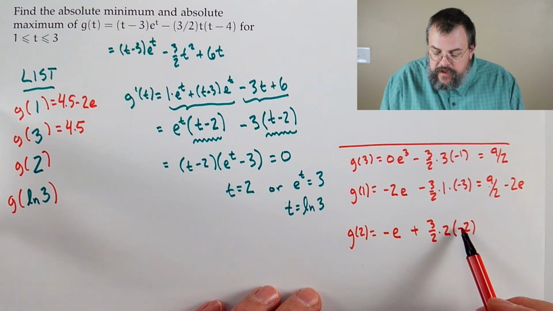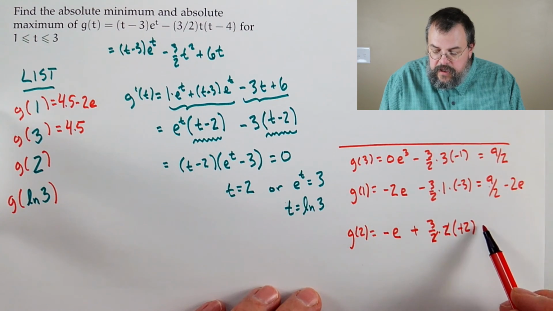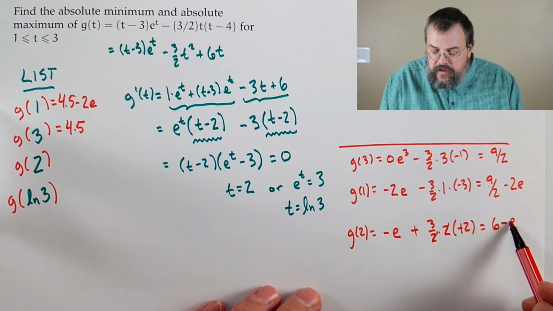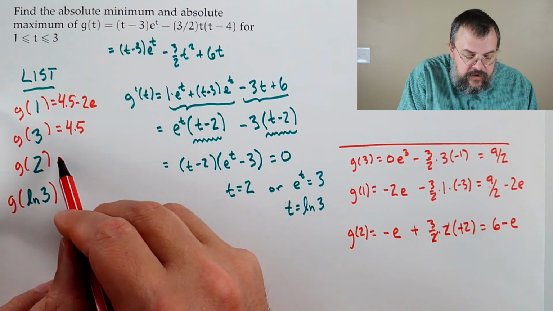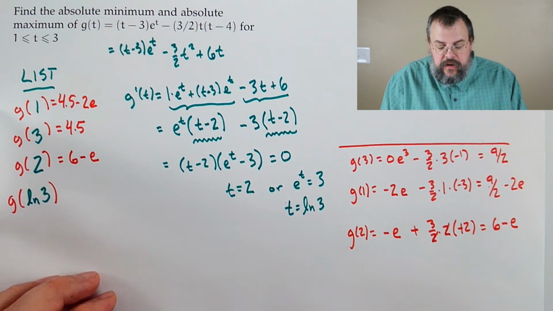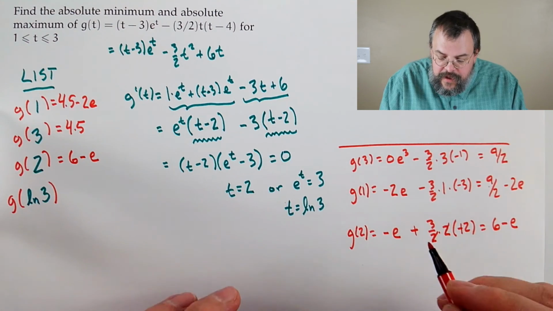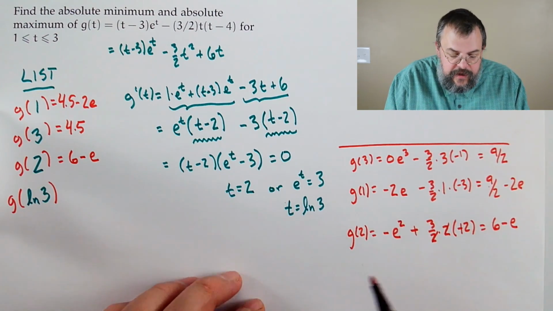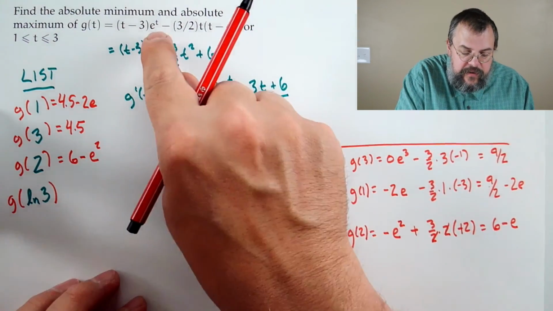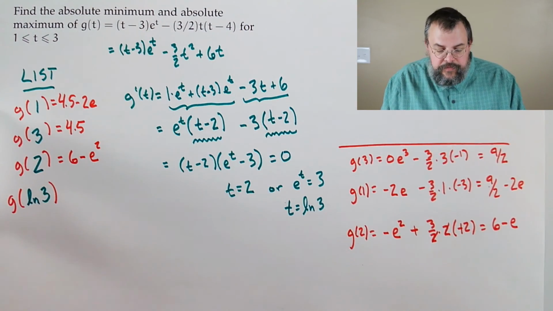So minus here makes a plus, and then we can cancel the 2, so we get 6 minus e. Okay, good. All right, we're making good progress. Whoops, e squared, right? Because it's e to the t. In this case, t was 2.